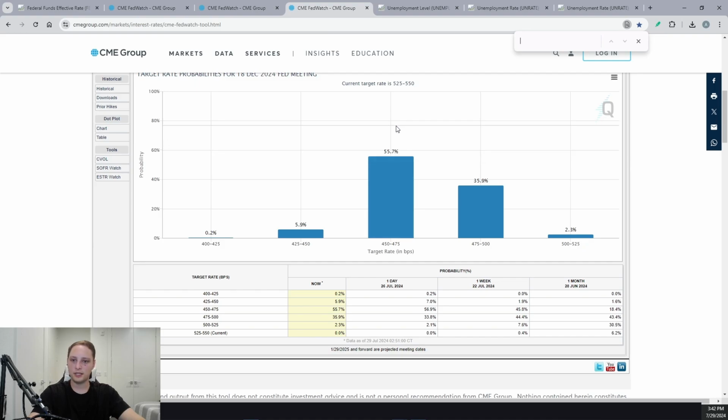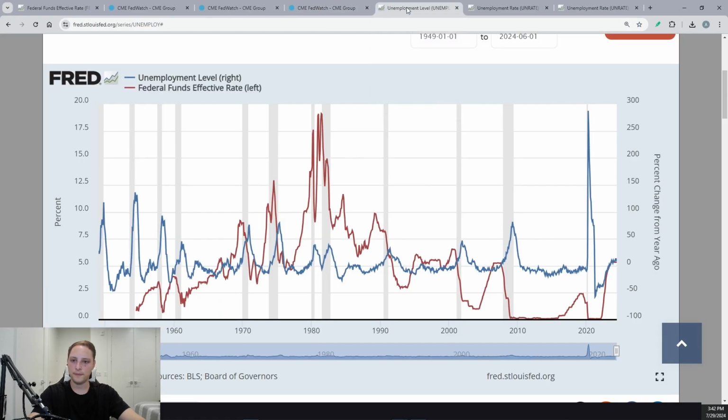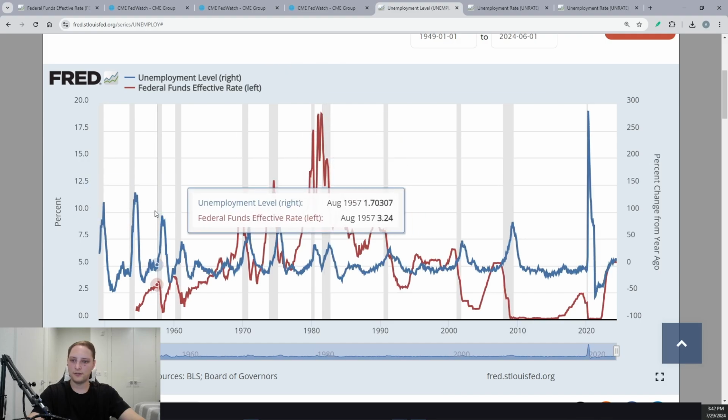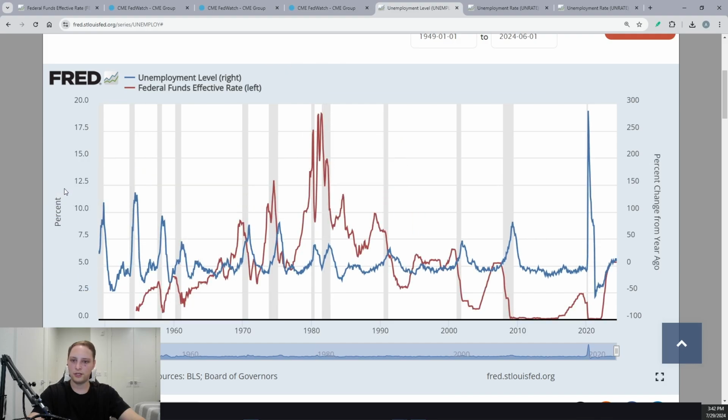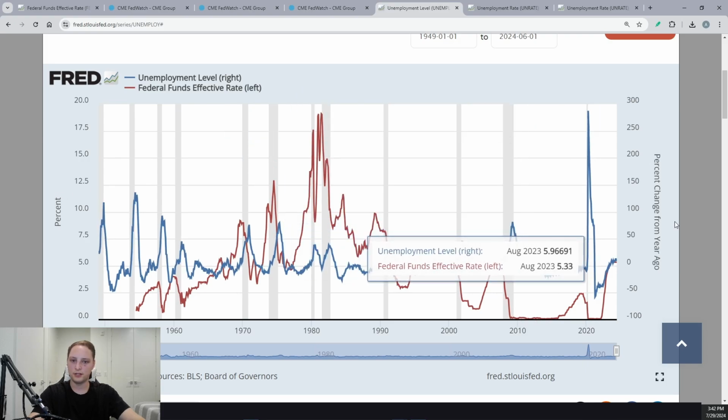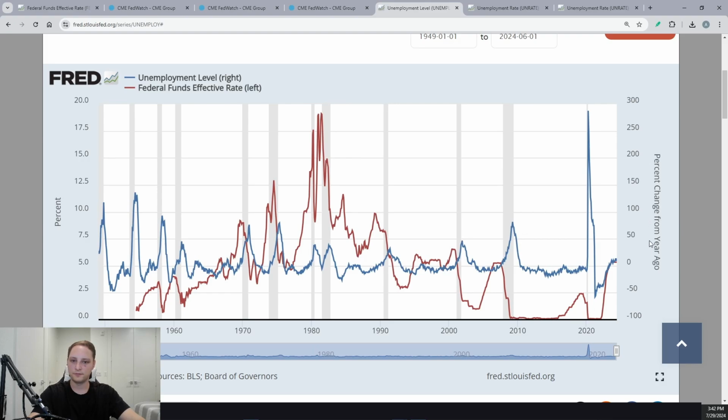So let's look at similarities between the dropping of the rates and unemployment throughout history. This is the federal funds rate in red, shown in percentage on the left, and then in blue is the unemployment change from a year ago on the right.